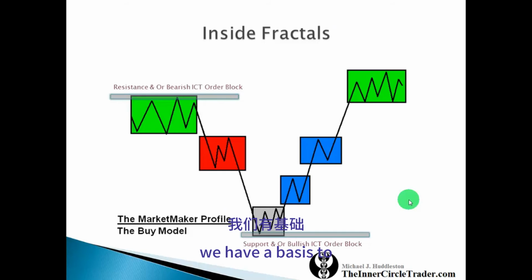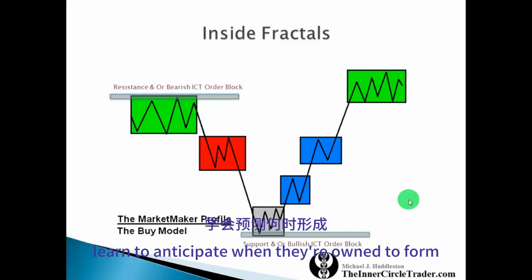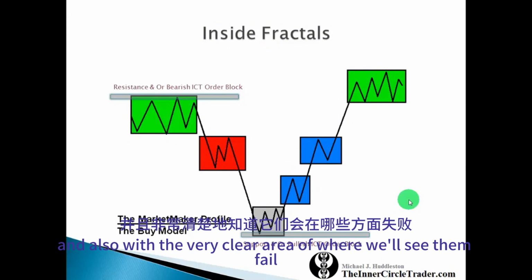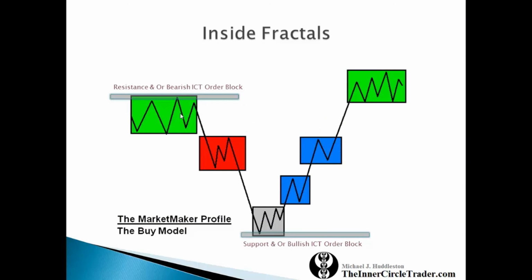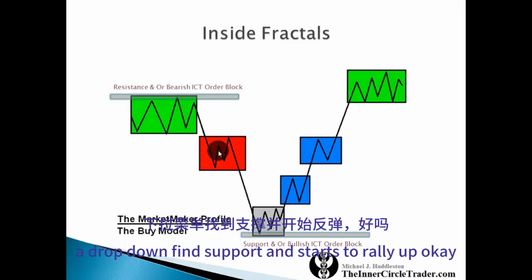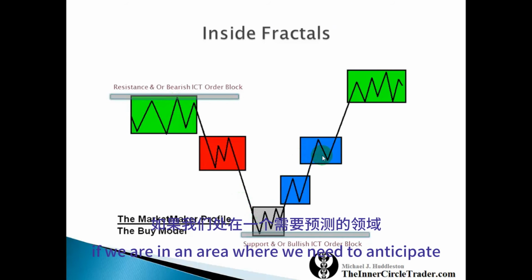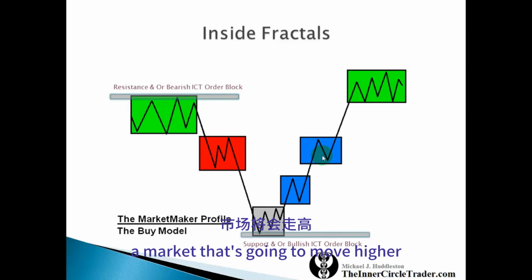So now we have a framework to anticipate how these fractals form. We have a basis to learn to anticipate when they're going to form, and also a very clear area of where we'll see them fail. If we see a resistance level, a drop down, find support, and start to rally up, we should be in an area where we'd anticipate a market that's going to move higher.